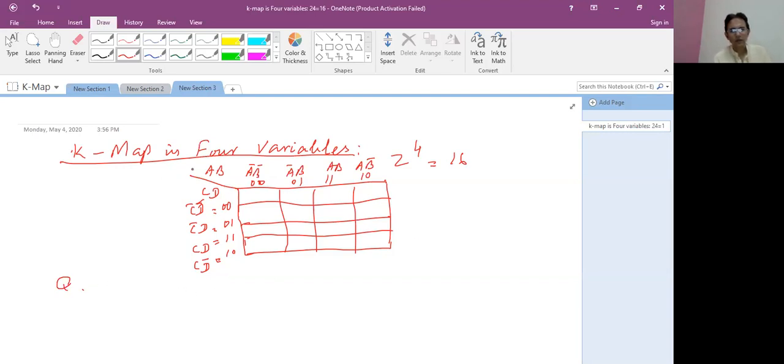When we talk about 4 variables, first we write the min terms, then we start an application. 2 raised to the power 4 is equal to 16. It means it has 16 min terms.